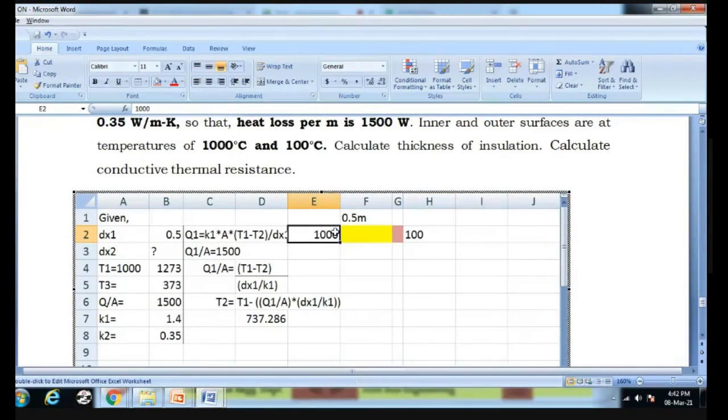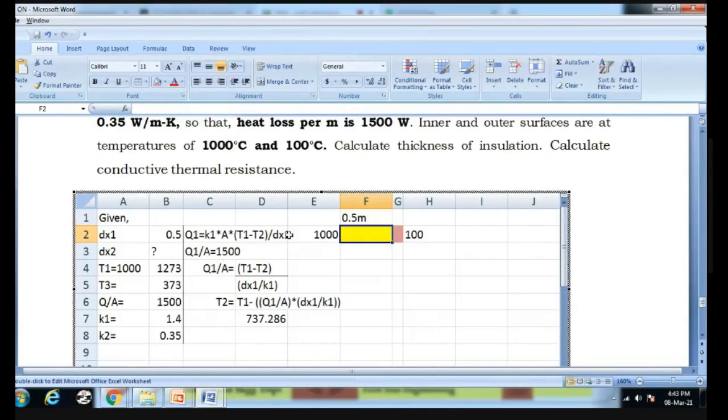This is the 1000 degree Celsius wall, this is the outside at 100 degrees Celsius, and in between is the insulation and wall. We need the temperature of the layer in between, that is T2. T1 is 1000 degrees Celsius, T3 is outside the room at 100 degrees Celsius, and T2 is the interface of the wall and insulation layer. So what we did now, we take the heat transfer between the 1000 degree Celsius room temperature and this T2 surface temperature.